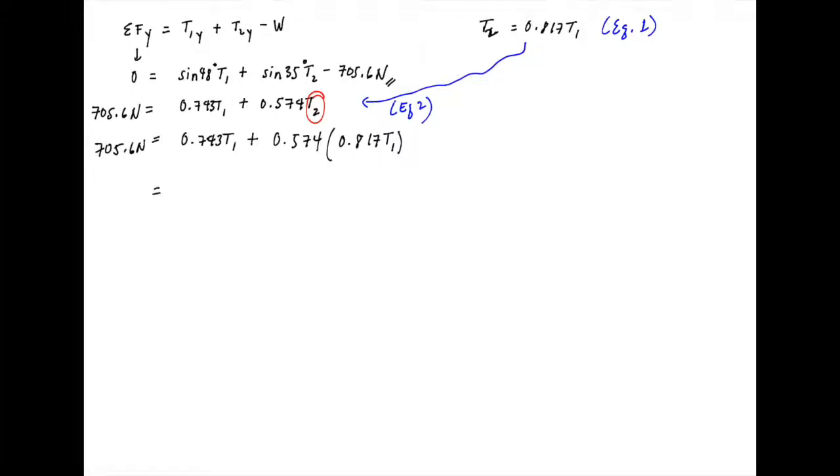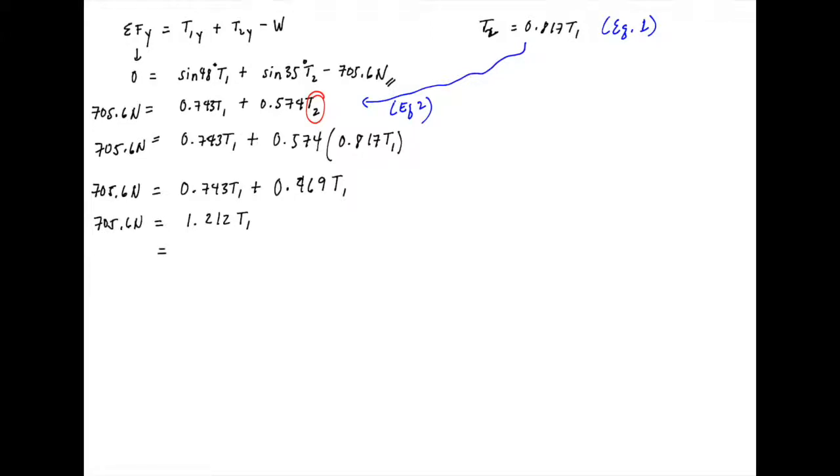Next, we could simply press this in the calculator. 0.574 times 0.817 of T1, that is 0.469 of T1. Adding 0.740 T1 plus 0.469 of T1, we could have 1.212 times T1. Then we have here 705.6 Newton.